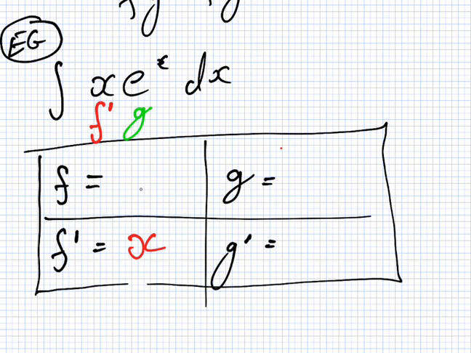Right, so here, this would be x squared over 2, and this one here would be e^x, and then the derivative of e^x is e^x.